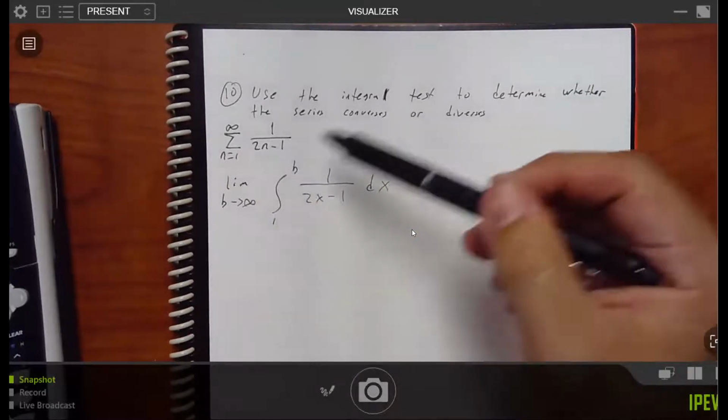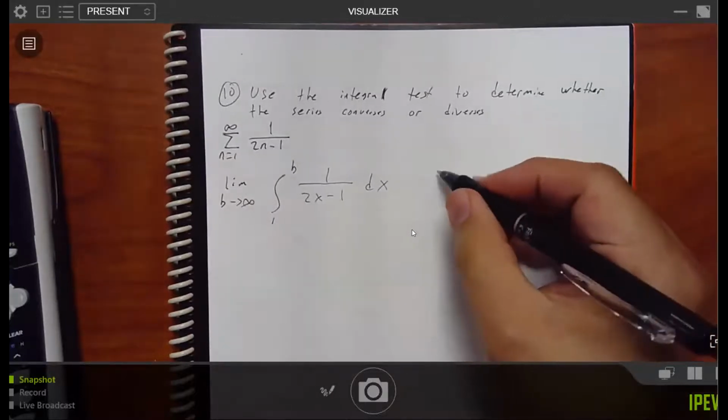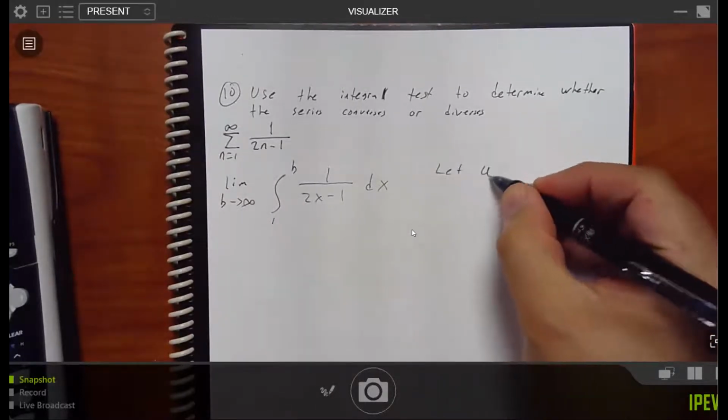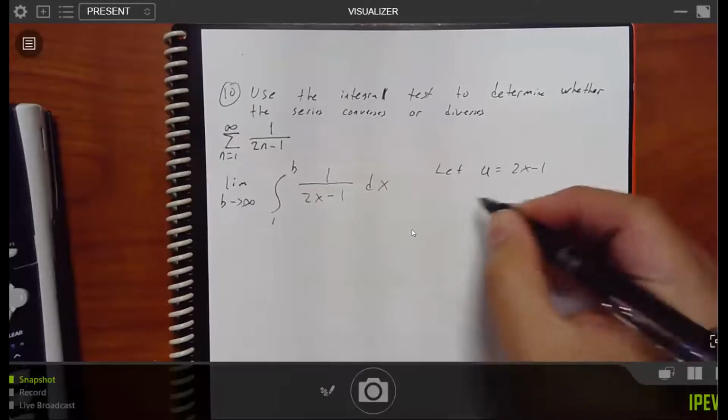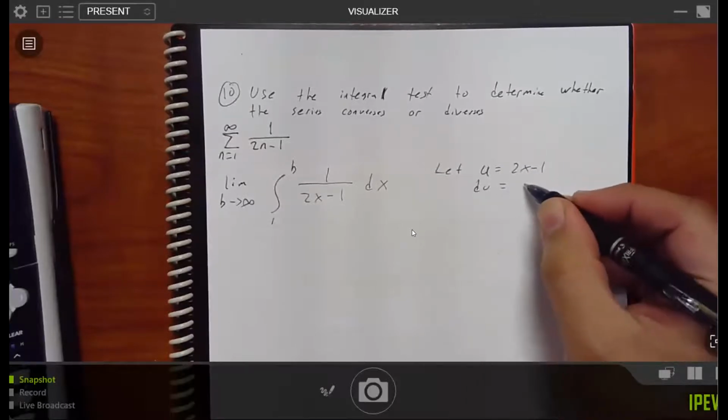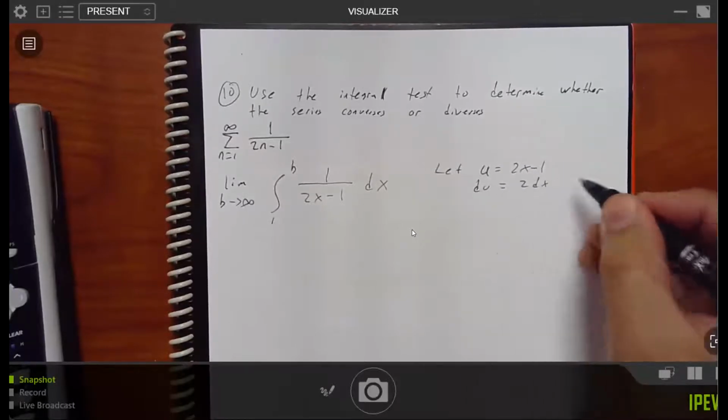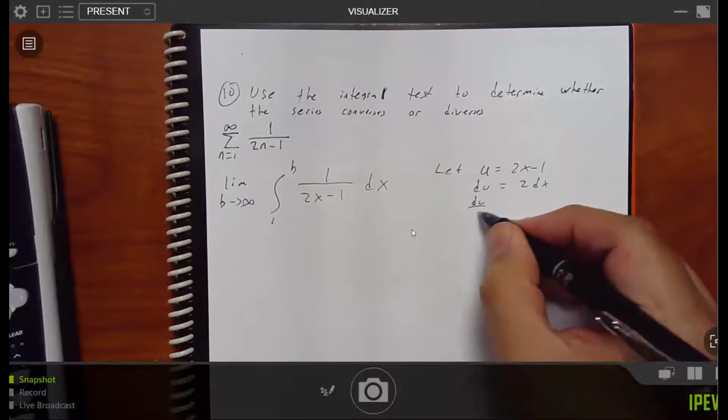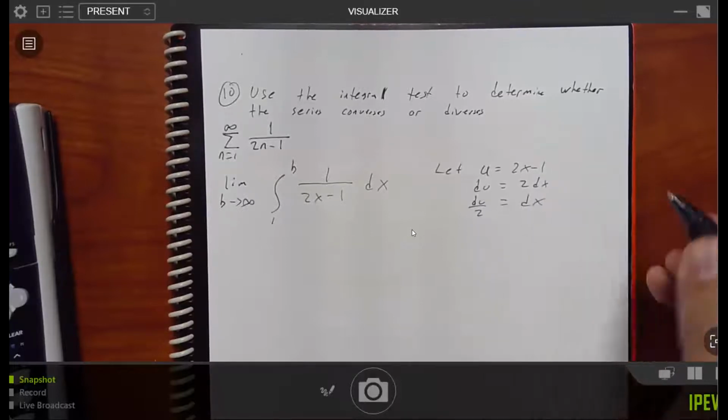So that's basically what we're going to do. Integrate this guy here. Let u equal 2x minus 1. du is 2, so du over 2 is dx.